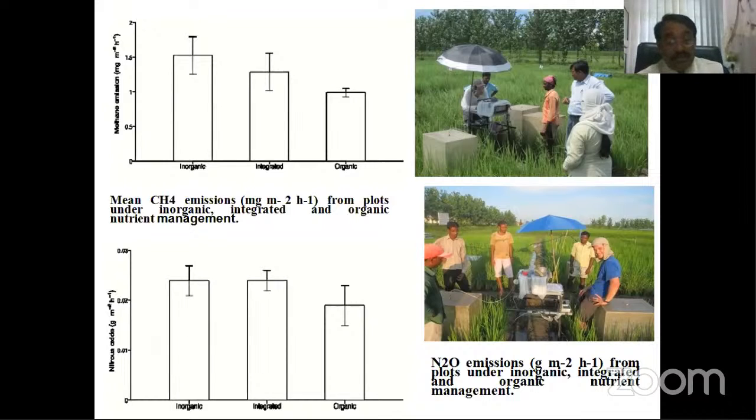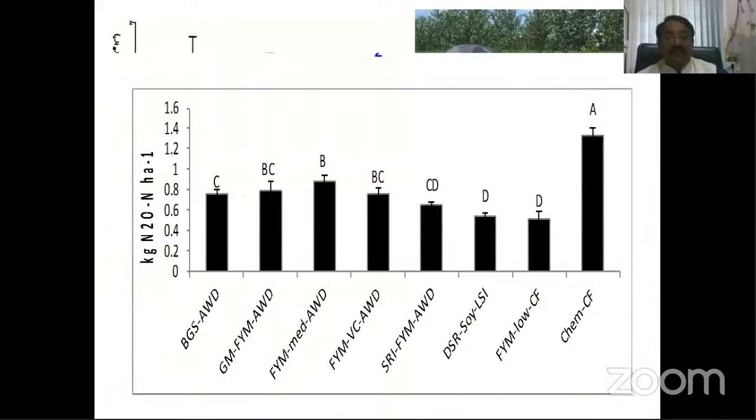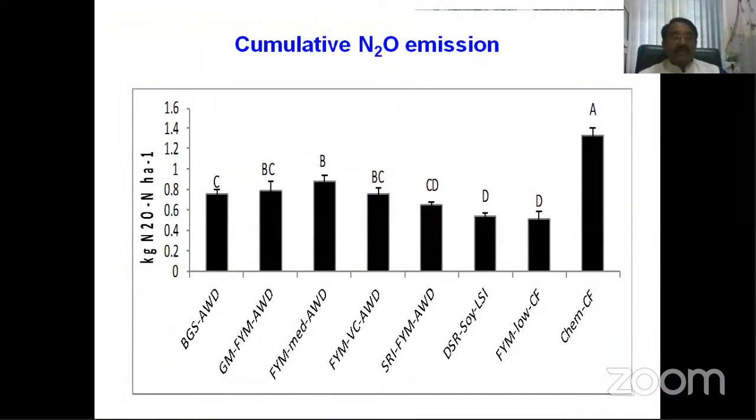In our inorganic chemical field, continuous flooding and water stagnation are there. The soil goes to the reduced zone, and methane emission is also there. For nitrous oxide emission, there are lakhs of references: nitrous oxide emission will be more wherever you are using urea.